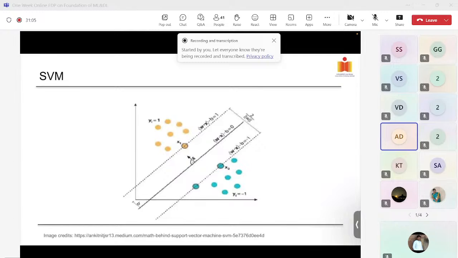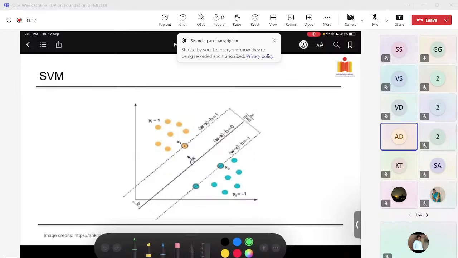Before that, a little bit of coordinate geometry and linear algebra is needed. Let's say this dotted line is hyperplane 1, H1, and the second dotted line is hyperplane 2. This is the equation of hyperplane 1, and this is the equation of hyperplane 2.